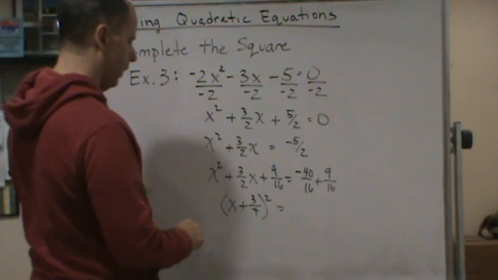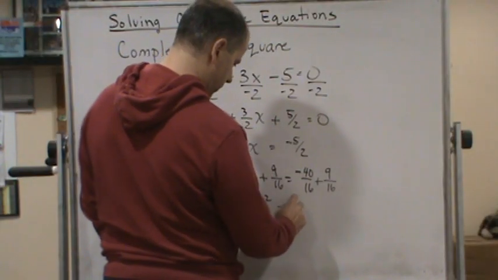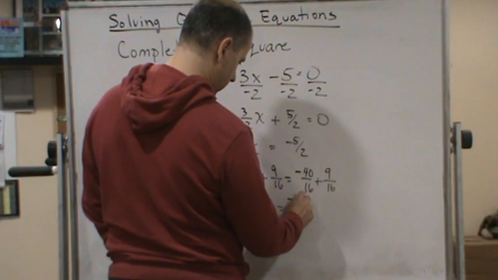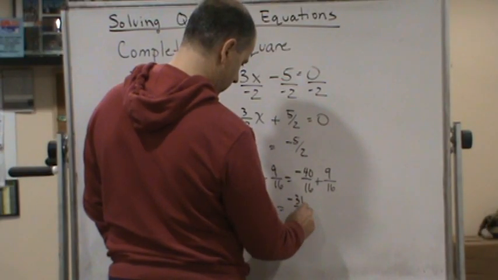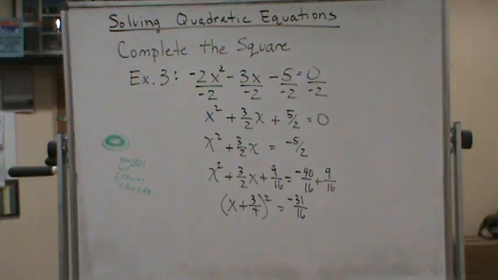Okay, and so then this reduces to -31/16. Okay, so that's where we're at so far. So now I've got a situation where I can use the square root property.